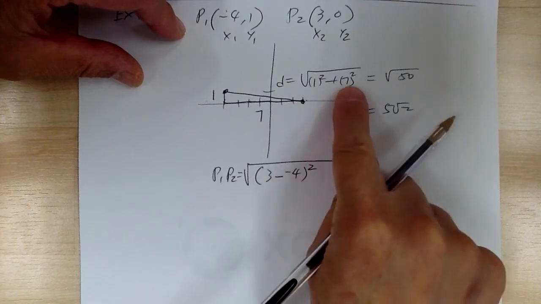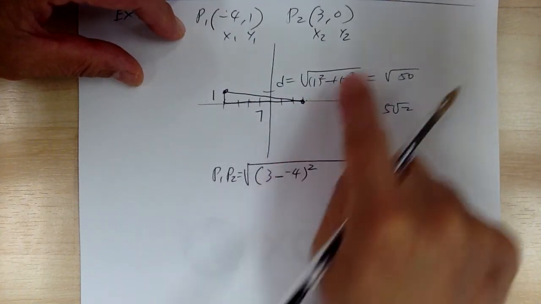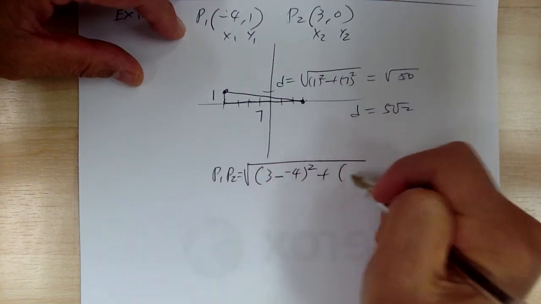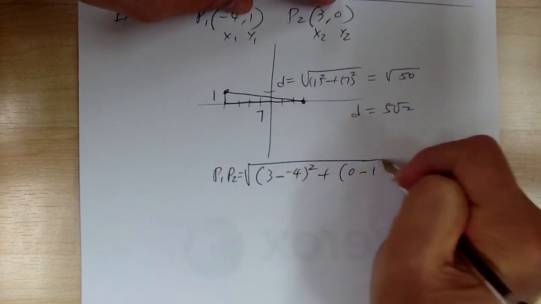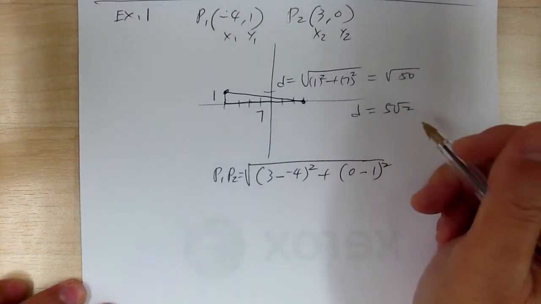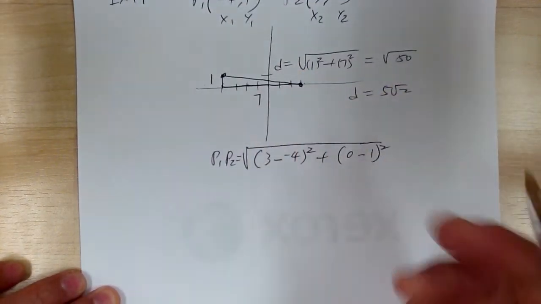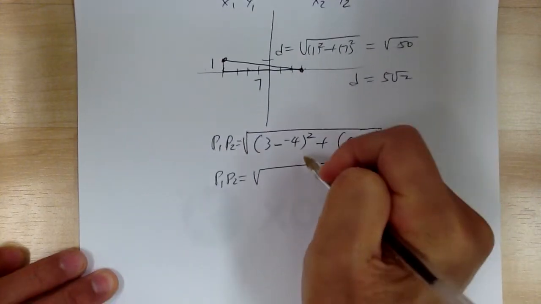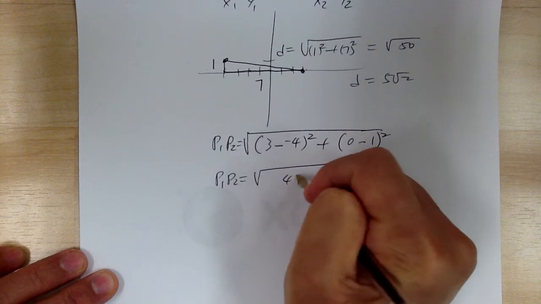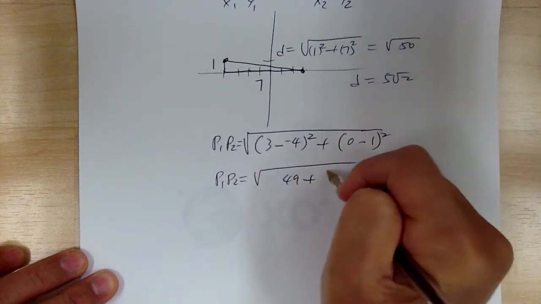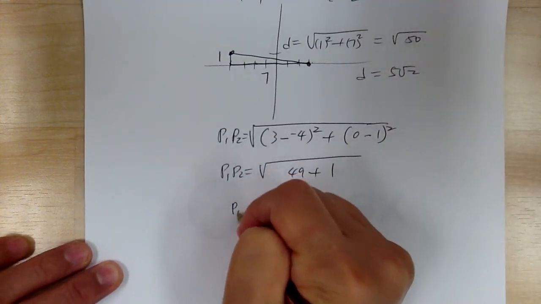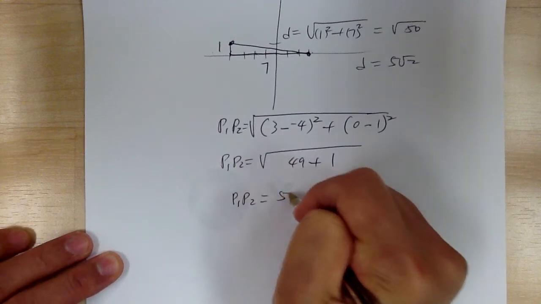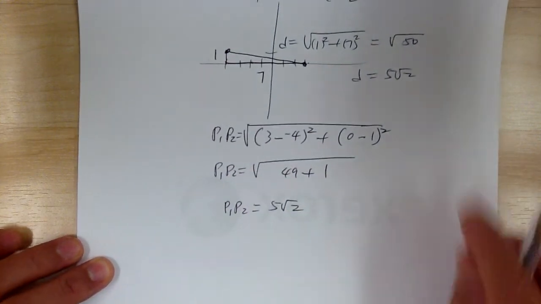Notice where the 7 came from. And plus 0 minus 1, squared. That's where the 1 came from, because remember, it's the absolute value. So you get 7 squared, which is 49, and negative 1 squared is 1. So the distance between P1 and P2 is equal to 5 square root of 2.